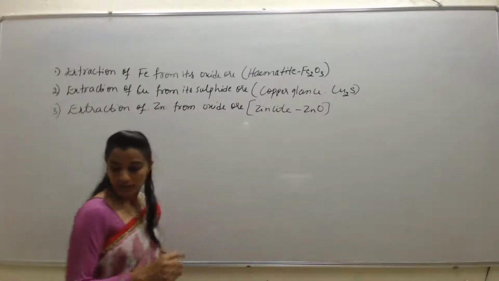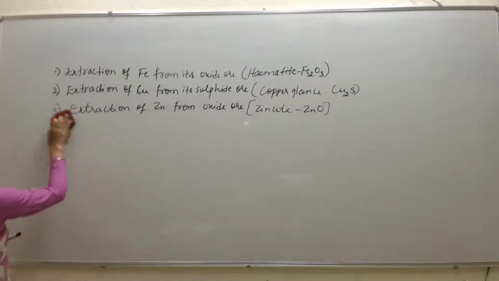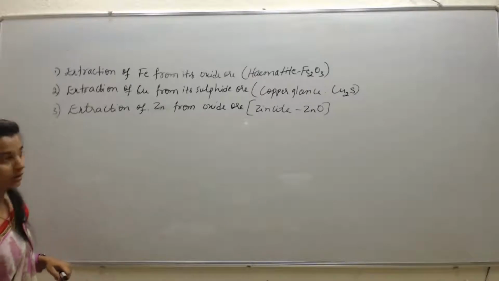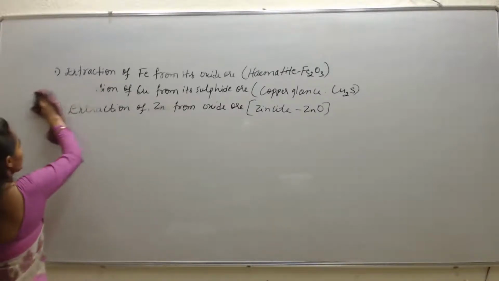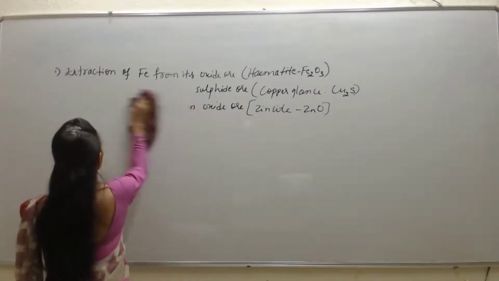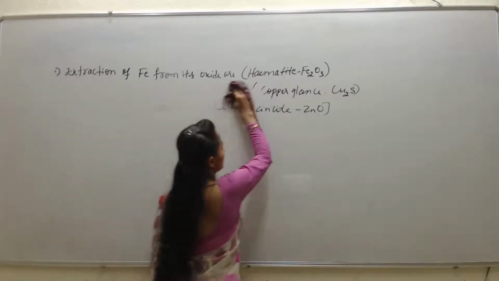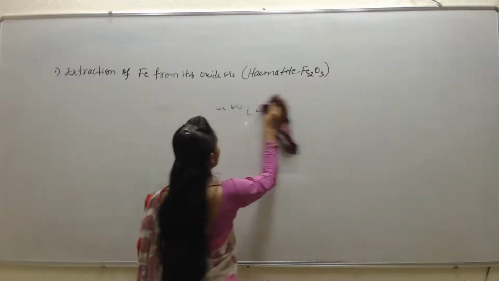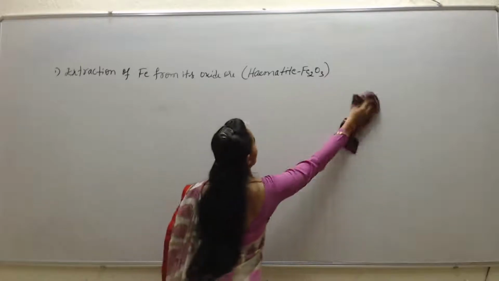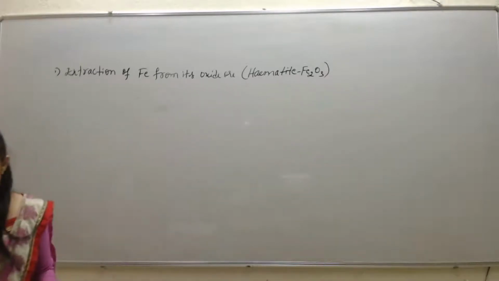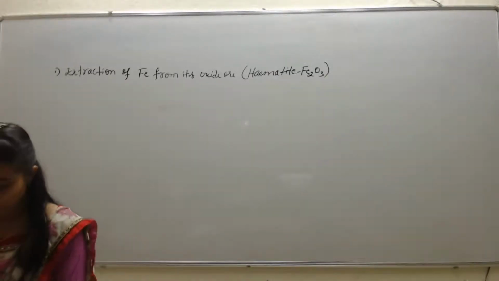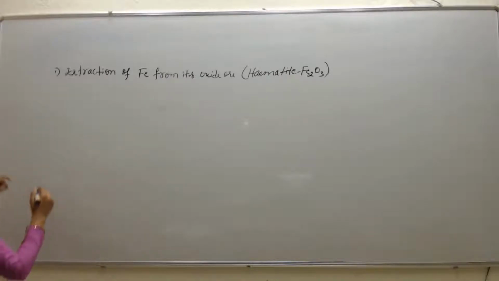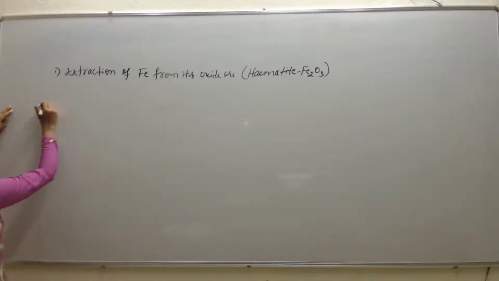The first one is extraction of iron from the ore, that is hematite ore. It is the oxide ore of what? Iron. So students, you need to take a diagram that is called a blast furnace. I will draw the diagram.